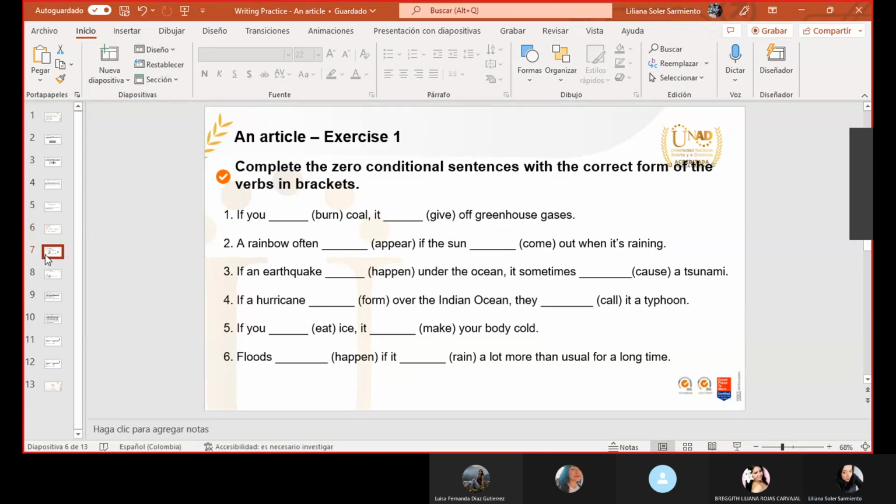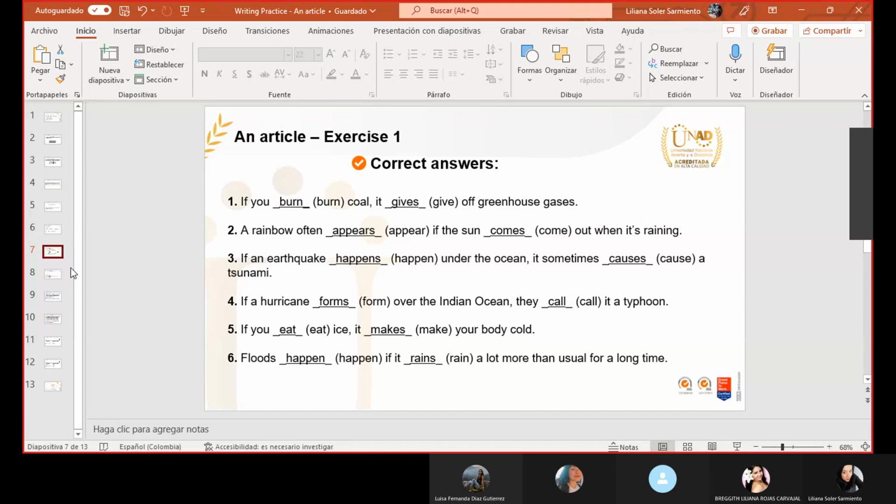Okay, here we have the correct answers. Luisa, could you read the first sentence, please? The first condition and result. Number 1, if you burn coal, it gives off greenhouse gas. Yes, thank you.